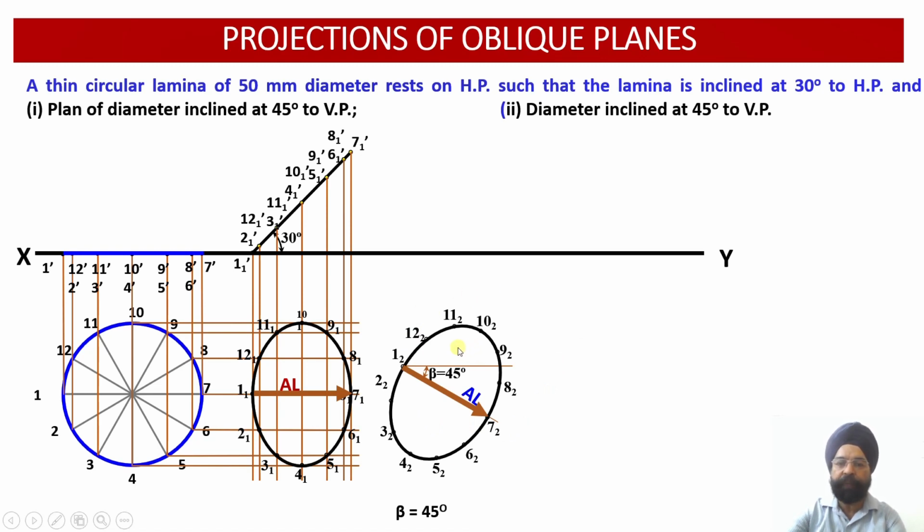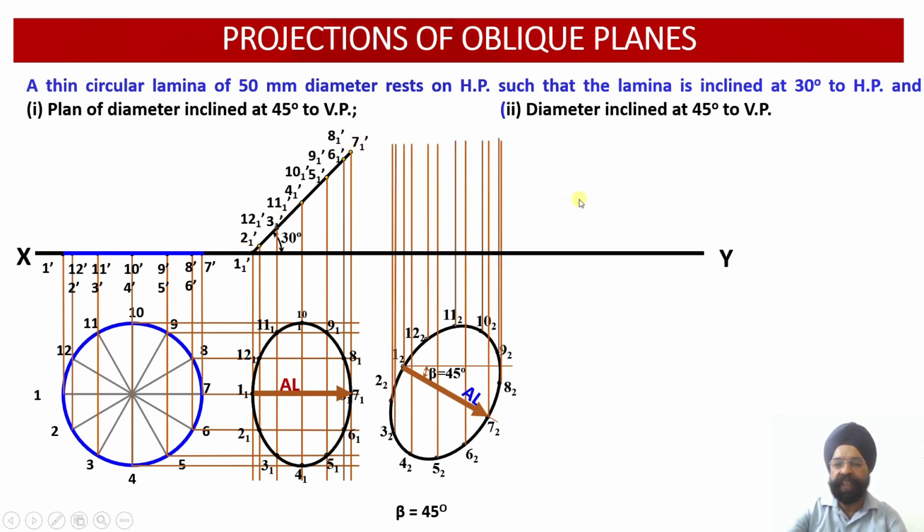Having obtained the top view, now the front view needs to be located. So the same procedure will be followed. From all these 12 points, I am going to draw the vertical projectors, and from these 12 points of the elevation, the horizontal locus lines, or projectors, will be drawn, and we'll work out the intersections of the points which are coming from the vertical, from this plan, and the points with the projection lines which are coming through these elevation points.